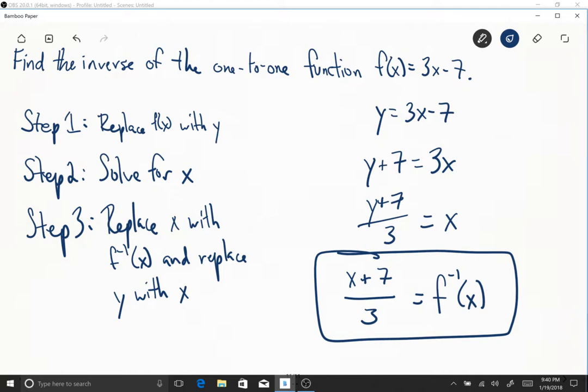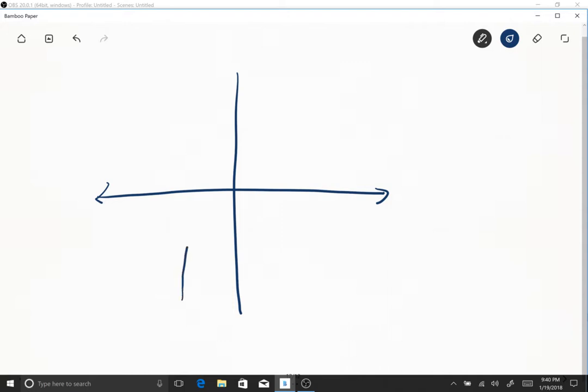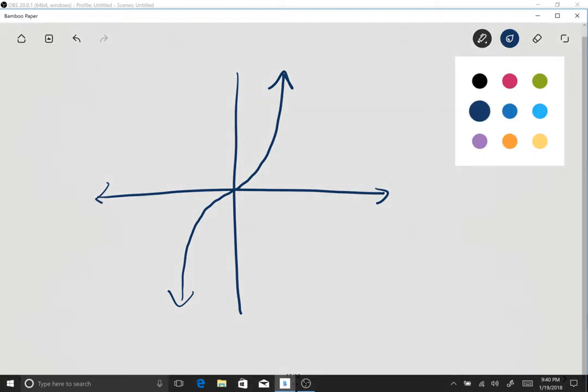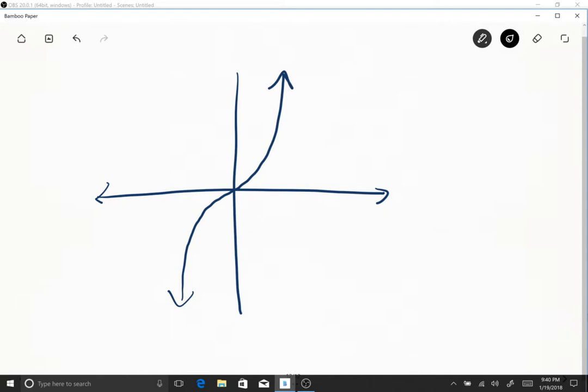Okay, so there are some things to be said about inverses, some properties of inverses. If you're talking about the drawings of inverses, there's a magical thing that goes on there. So let's say we look at a function. You all recognize what that function is? Let me know if you do. So this is y equals x cubed.